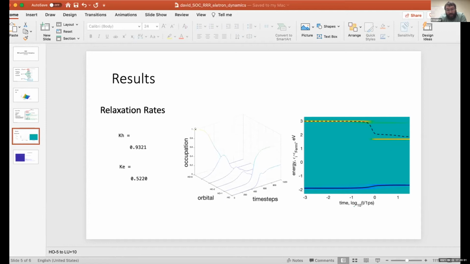So you notice that my original hole was at HOMO minus 5, and it just cascades until we get to its final position, which in my case, I have slightly degenerate orbitals. So that's why we have some occupation on HOMO minus 1. And then the green figure over here shows the rate of relaxation.